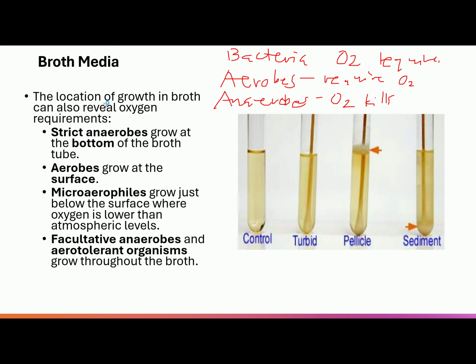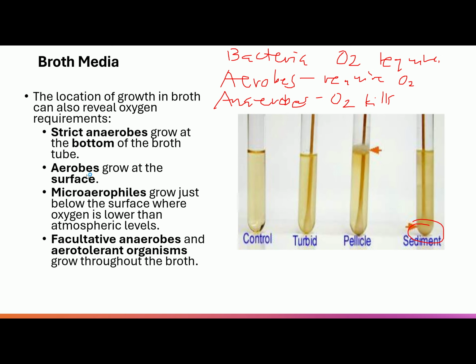Now, if your bacteria in broth medium grow at the bottom of the tube, so nagkaroon ng sediment, ang growth lang ng bacteria ay nasa baba lang, this is a sign that your bacteria is a strict anaerobe. Meaning, class, if they're exposed to oxygen, they would die. While if there is growth naman at the surface, nagkaroon ng pellicle, nagkaroon ng ring, it means that your bacteria is an aerobe.